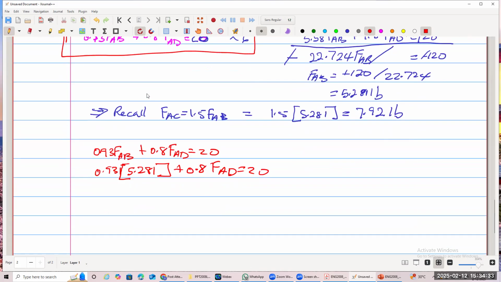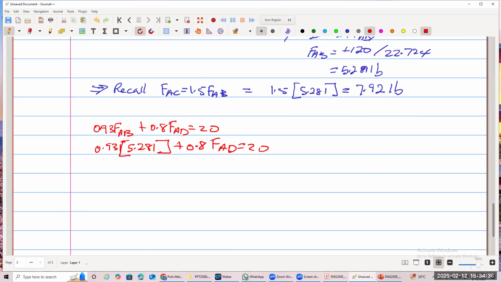And you know, sometimes solving that is going to give you what now? 0.8 F_AD equals 20 minus 0.93 times 5.281. When you multiply that, you get 4.911, and that gives 15.089.